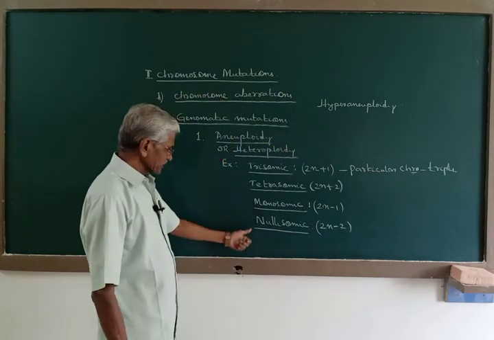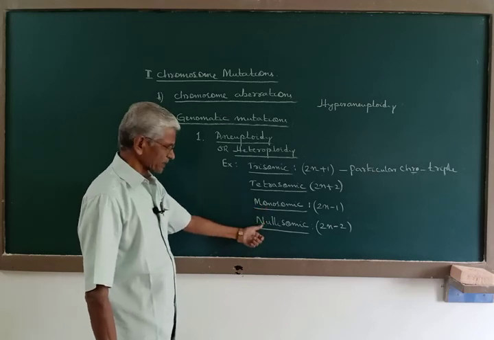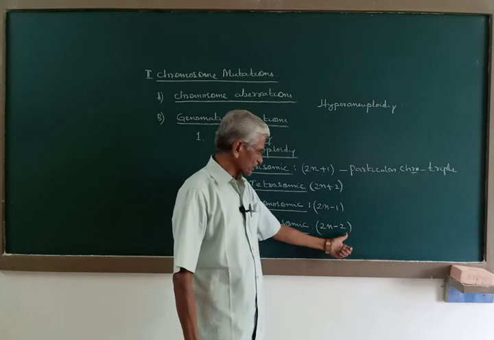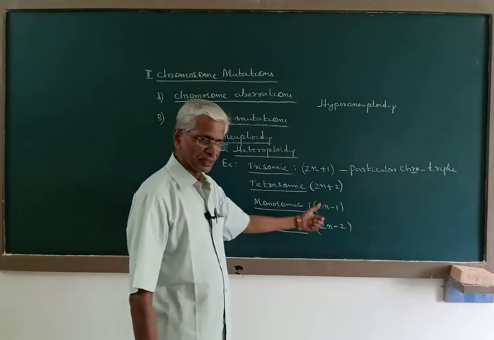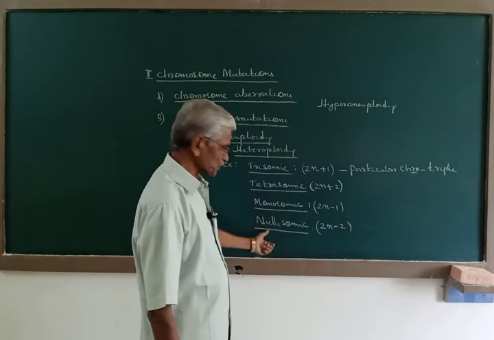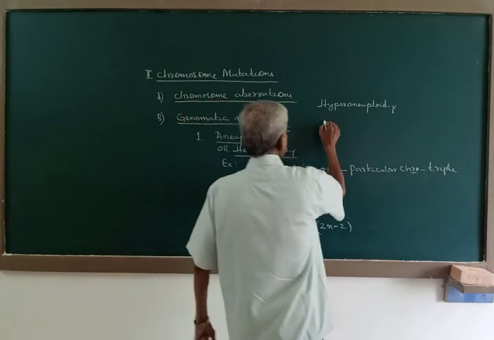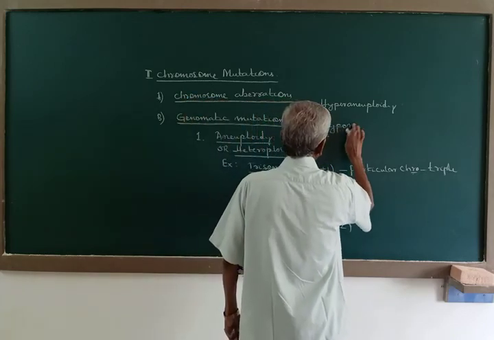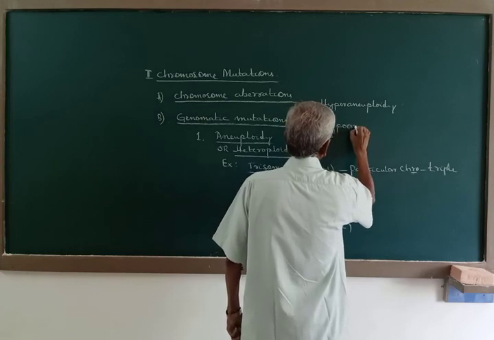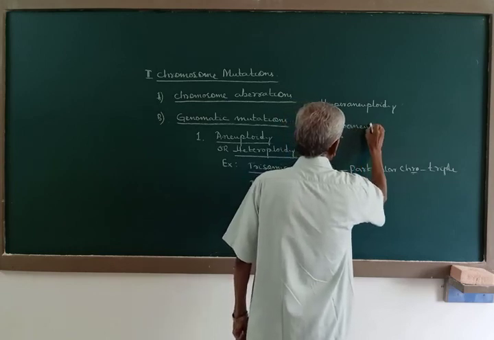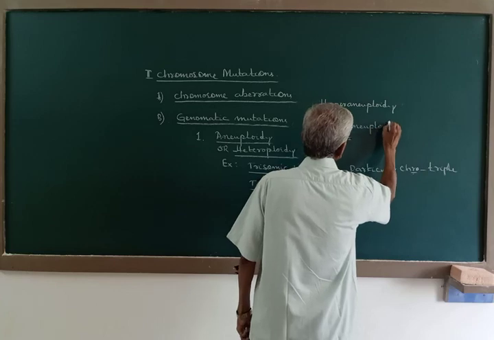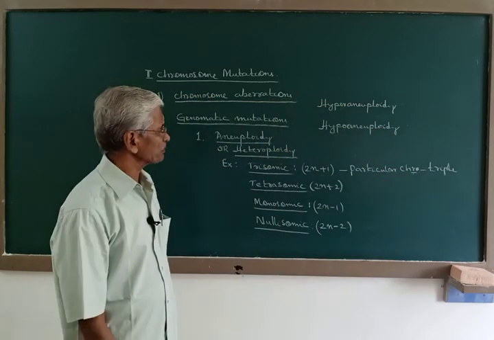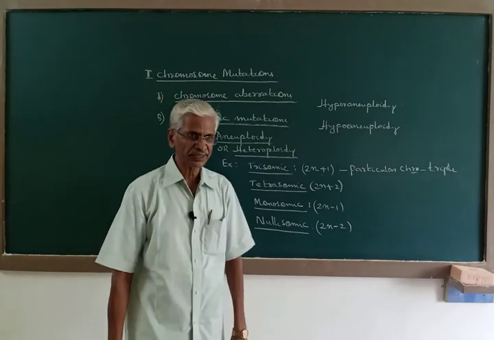And hence it is called hyperaneuploidy. But in the other two instances, monosomic and nullisomic, where there will be loss of one or two chromosomes from the diploid number, they are often described as hypoaneuploidy. So remember these two terms, hyperaneuploidy and hypoaneuploidy.